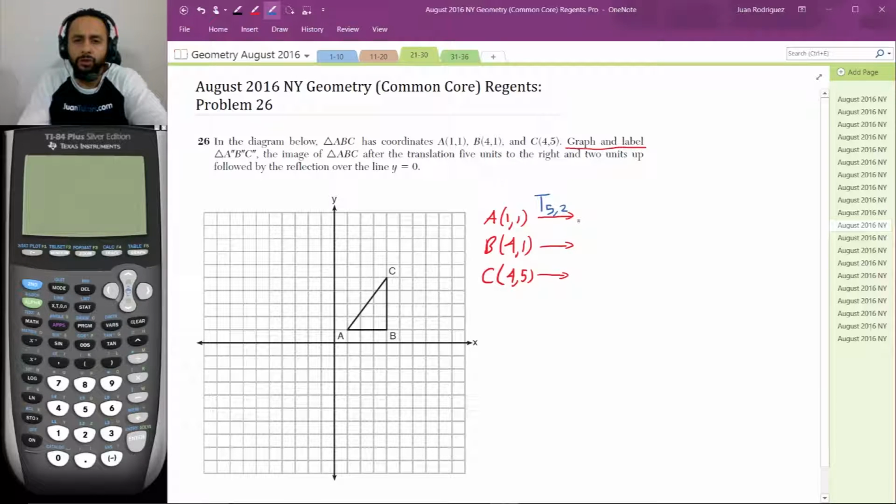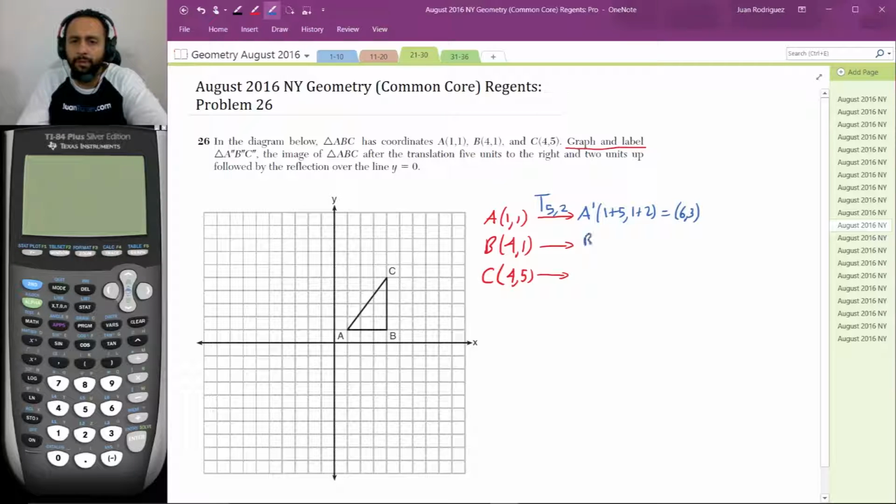Okay, so this is A prime. Let's see, 1 plus 5, comma, 1 plus 2 equals, let's see, (6,3).